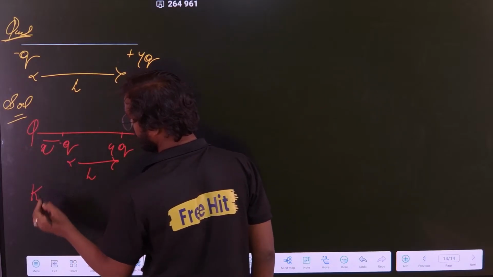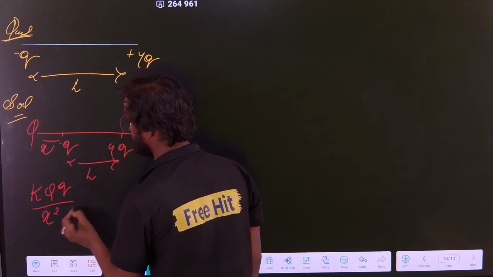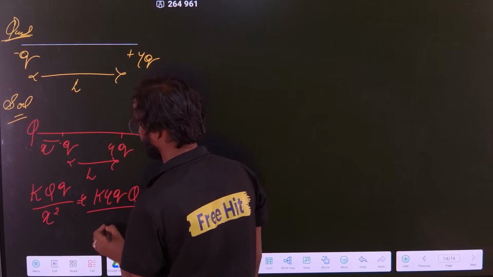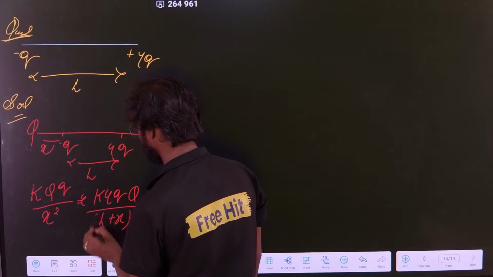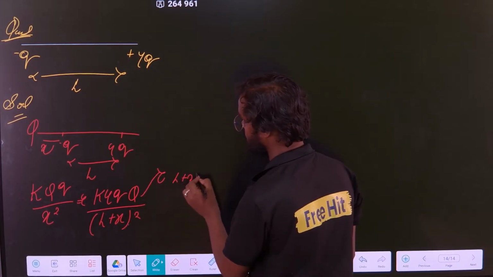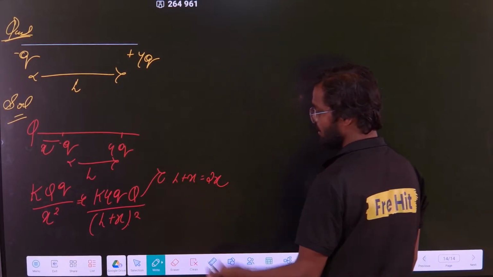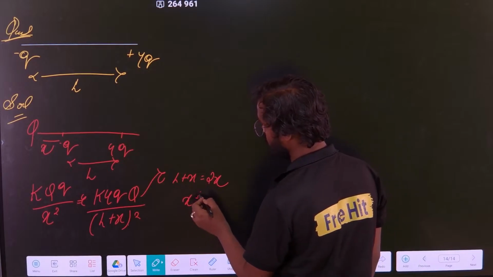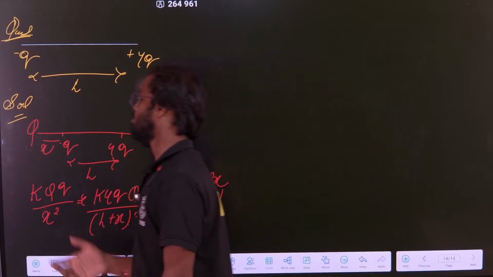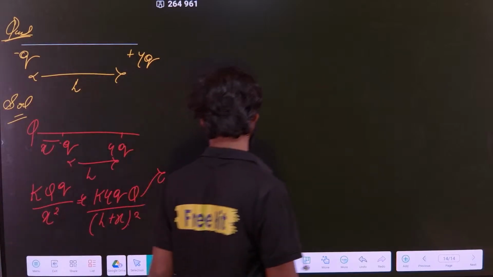So I can write K capital Q small q by X square equal to the other force. So from here what you will get, L plus X is equal to 2x, correct? And from here we will get X is equal to L. That means we have to place the charge on this side, at a distance of L.